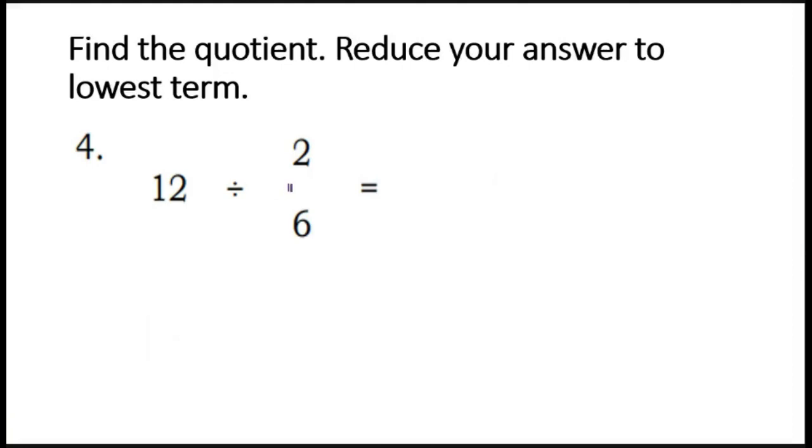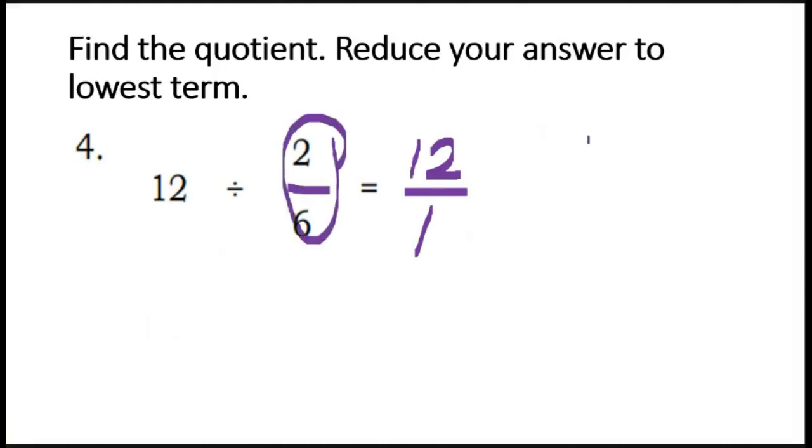Another example. So 12 divided by 2 over 6 or 2/6. So, what is the first step? I-direction na natin. So, 12 over 1. You need to reciprocal this one. So, it will become 6 over 2. And then, instead of division, it will become multiplication. Okay? And then, multiply.